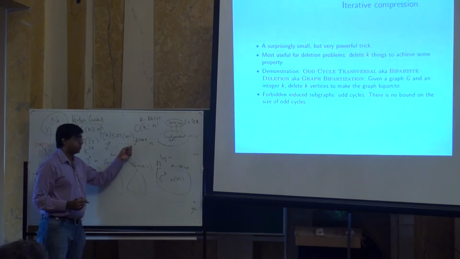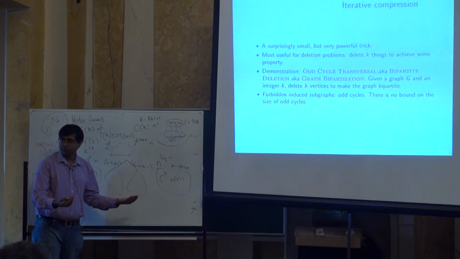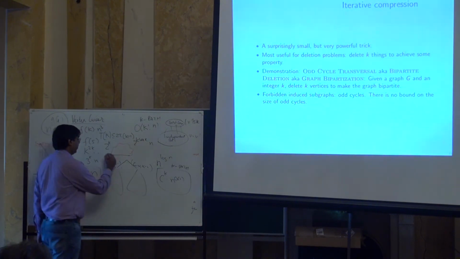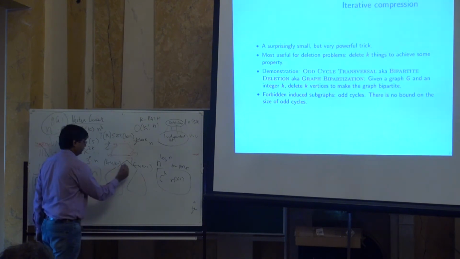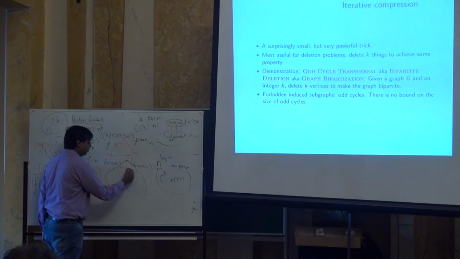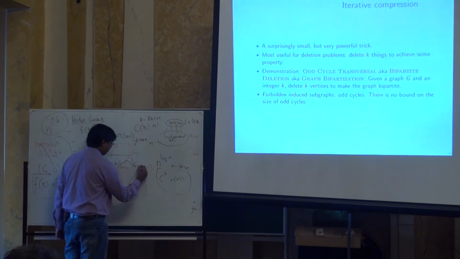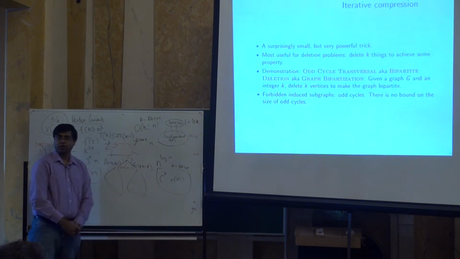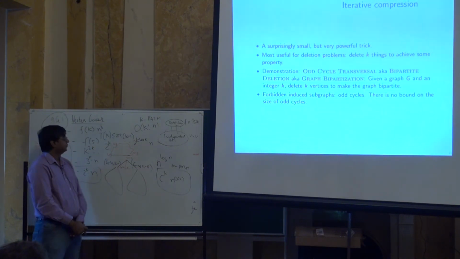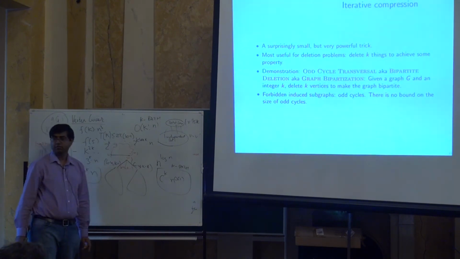If one of these vertices goes into my solution. So I could say, okay, u1, u2, u3, dot, dot, dot, ul, and branch on (G minus u1, k minus 1), (G minus u2, k minus 1), up to (G minus ul, k minus 1). Now, what will be the recurrence here?